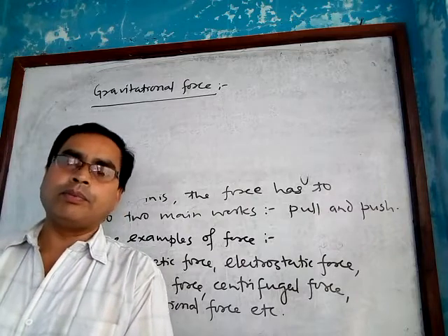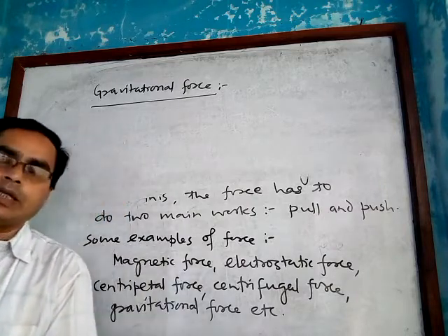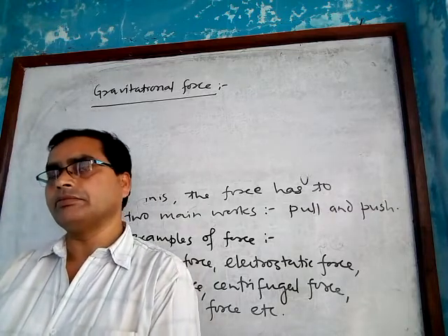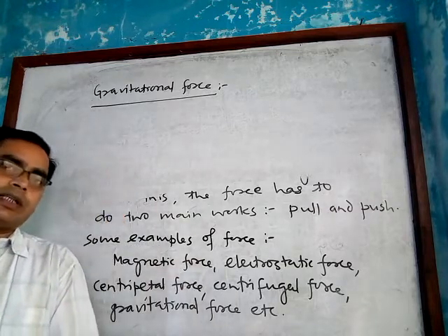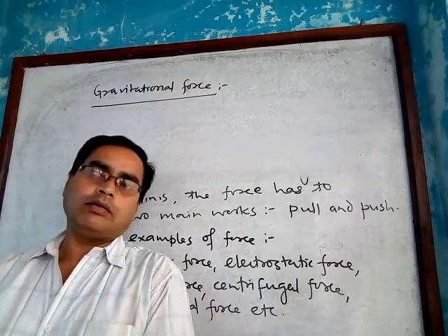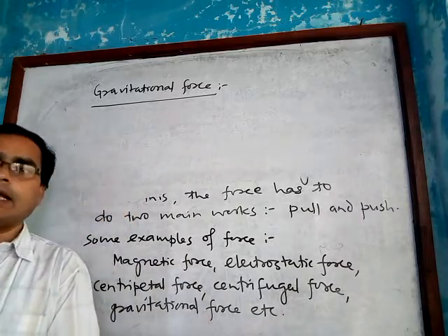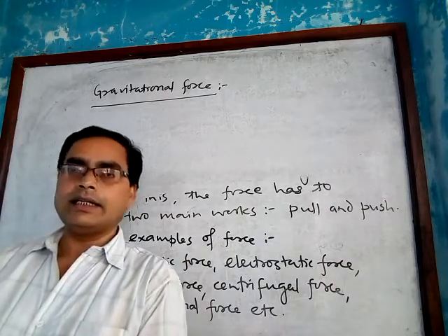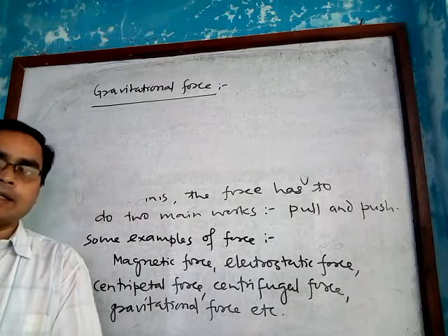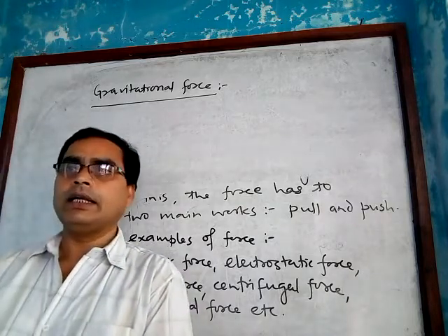In 1542, Nicholas Copernicus told that not the earth but the sun is at the center, and all planets are revolving around it.